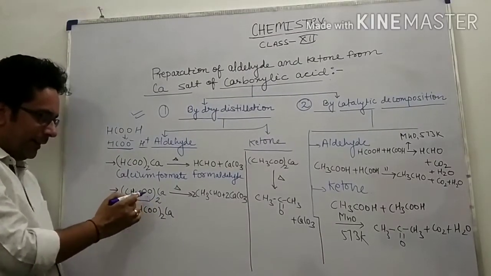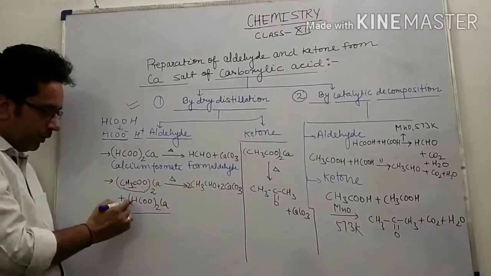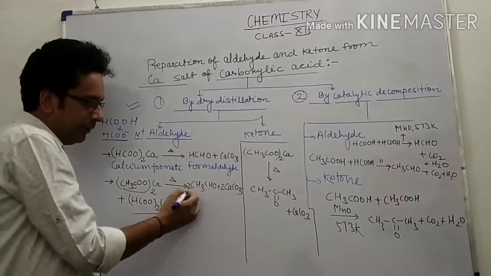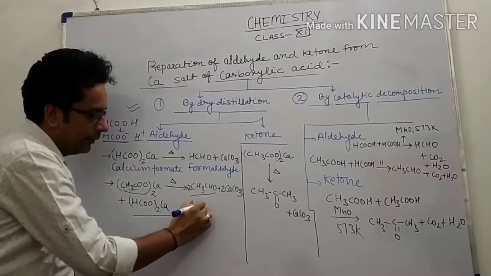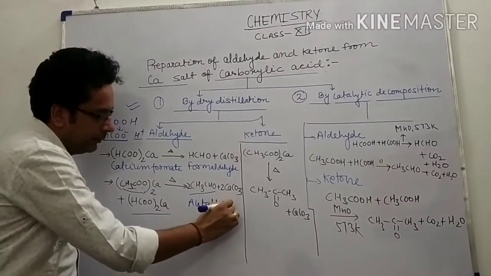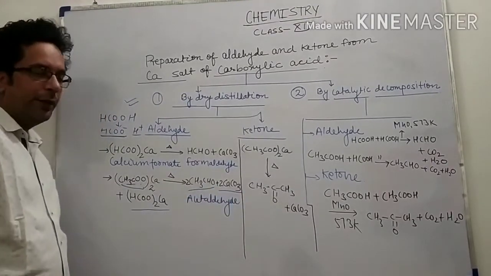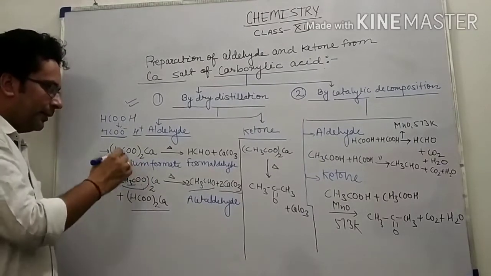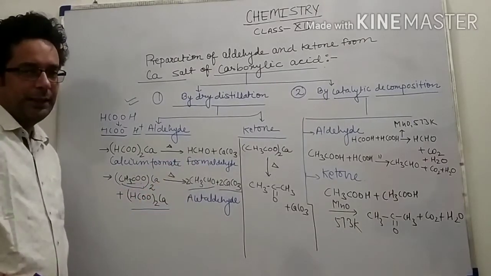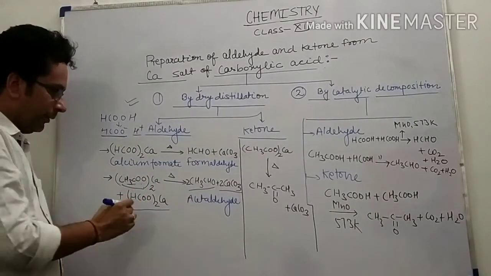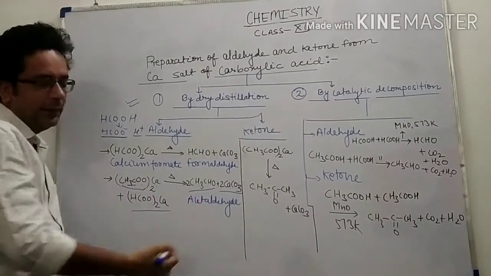When calcium acetate and calcium formate both are heated, there is formation of the second member of aldehyde, that is acetaldehyde, along with calcium carbonate. So when we heat only calcium formate, there is formation of formaldehyde. But when we heat a mixture of calcium acetate and calcium formate, there is formation of acetaldehyde.